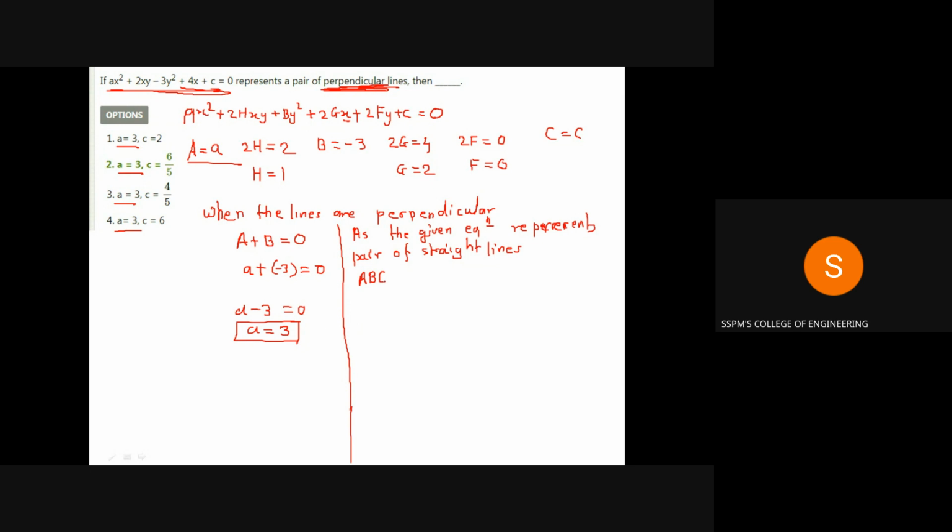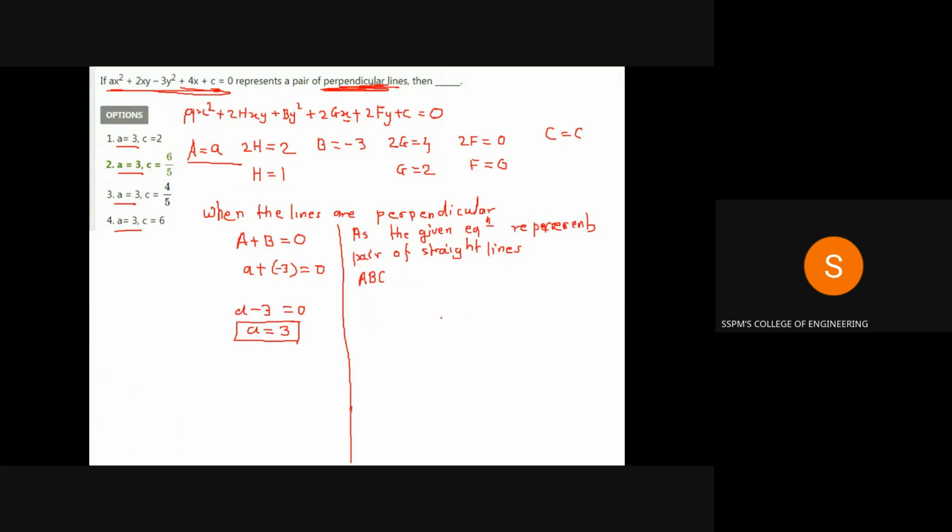ABC minus BG square minus CH square is equal to 0. Actually, I'll write the formula again.